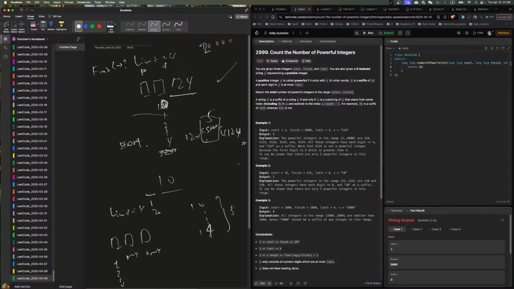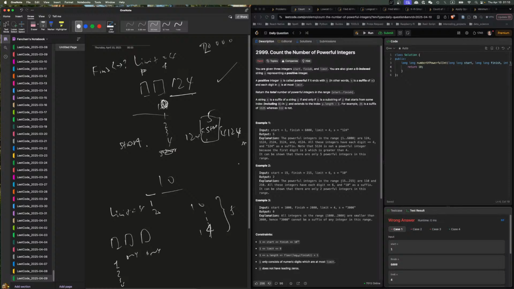So I want to find the starting value. If start is smaller than or equal to the suffix, then we don't have to worry about the start. If the start is larger, then we need to find out where the smallest one will be. To find the smallest one, we first notice how many digits are in start. Okay, so we know the digits of start.